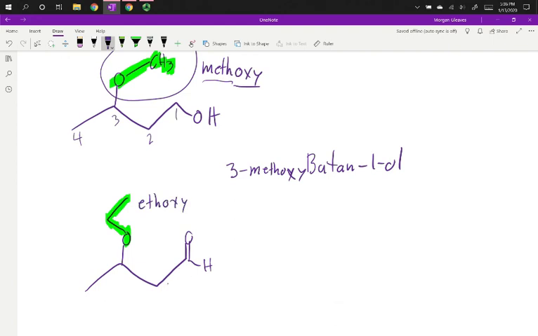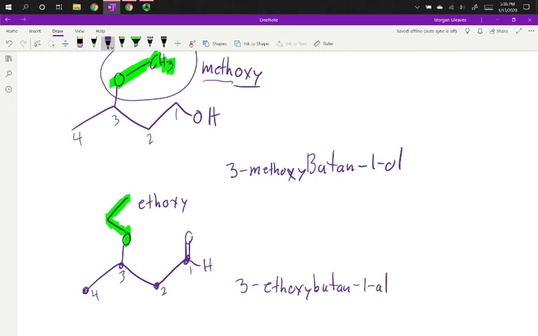I have my main carbon chain. It is 1, 2, 3, 4 carbons long. My aldehyde's at position 1. And so this becomes a 3-ethoxybutan-1-al.